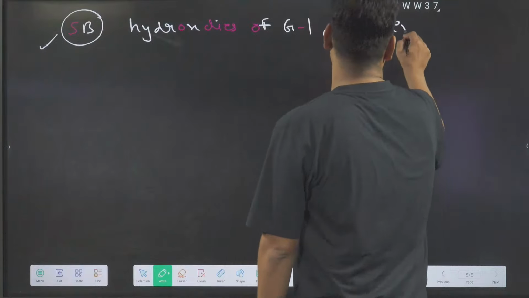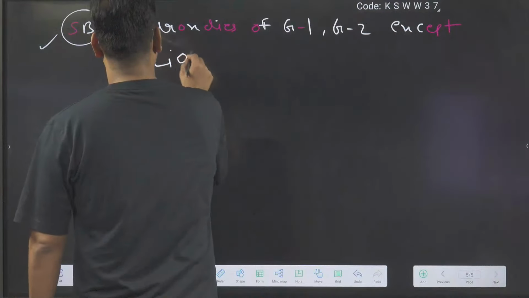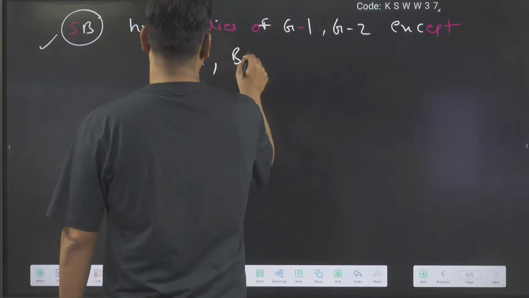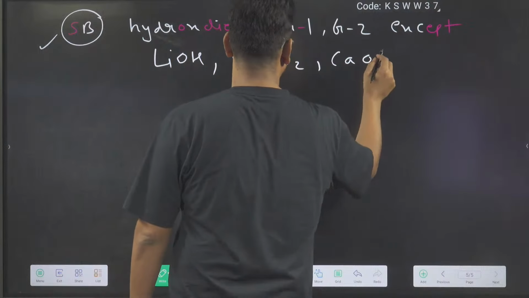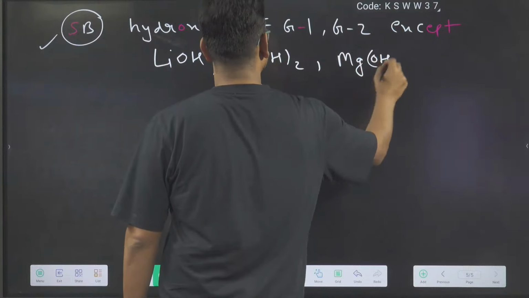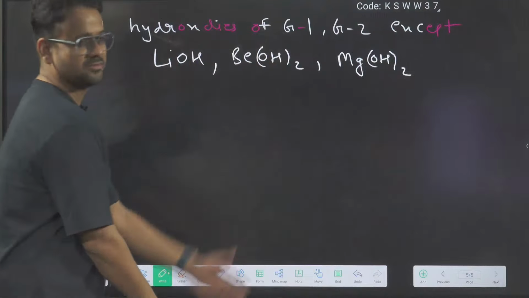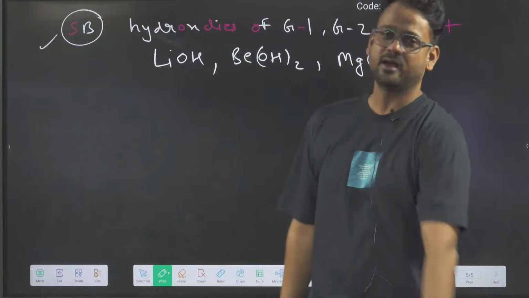Except LiOH, Be(OH)2, and Mg(OH)2. Ca(OH)2 is also on the borderline, but in most of the problems we can regard it as a strong base.